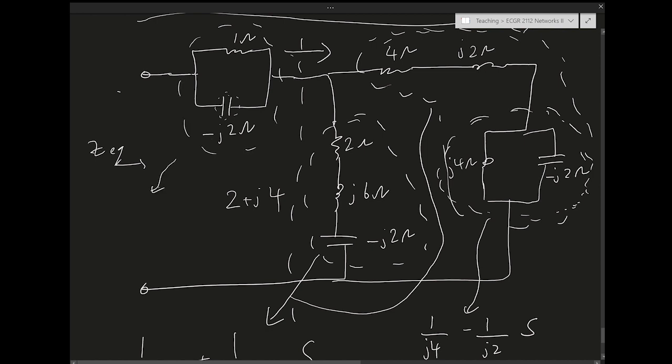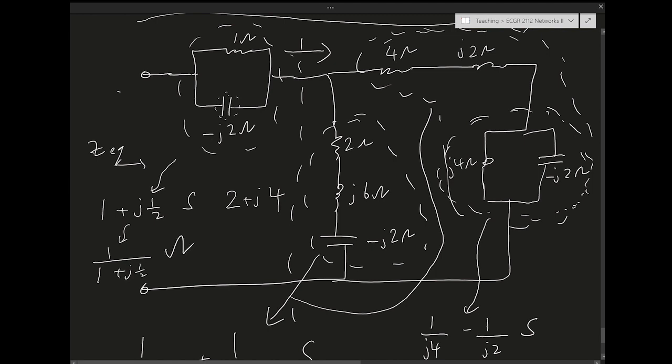So this is going to be what? Inverse of 1 is 1. Inverse of this is going to be plus J half, right? And I need to invert it, Siemens, to get the resistance. The impedance is going to be 1 over 1 plus J half ohms, right?